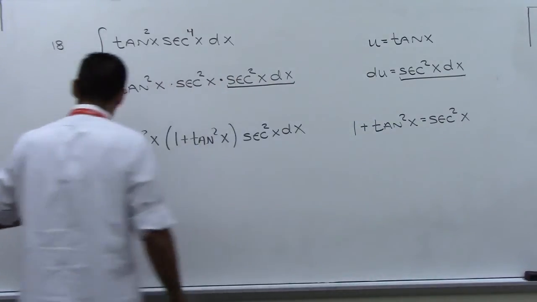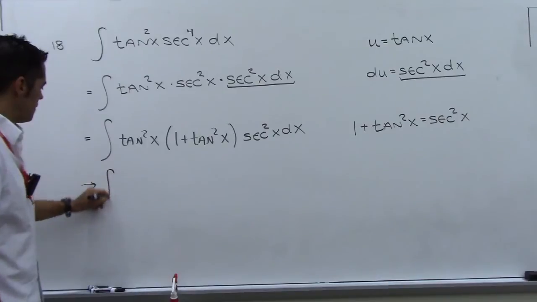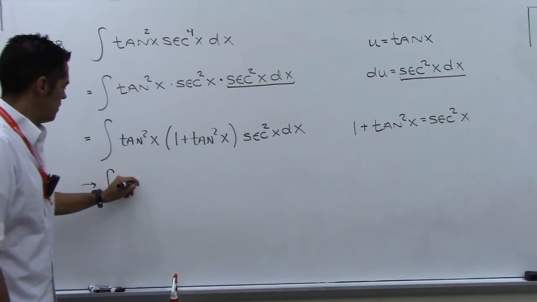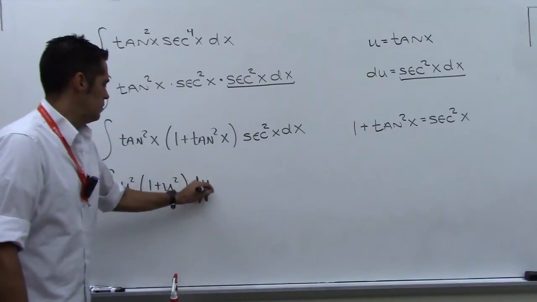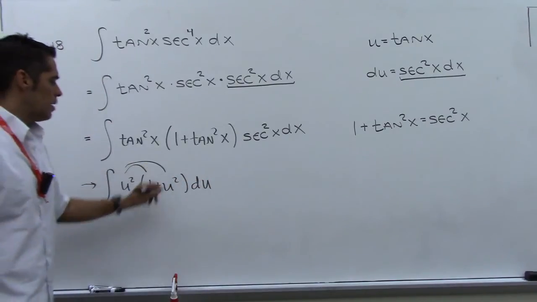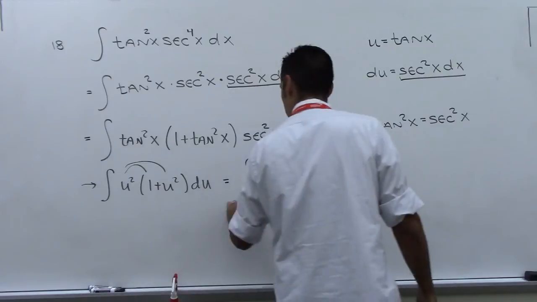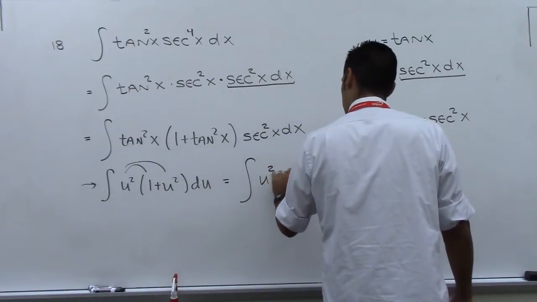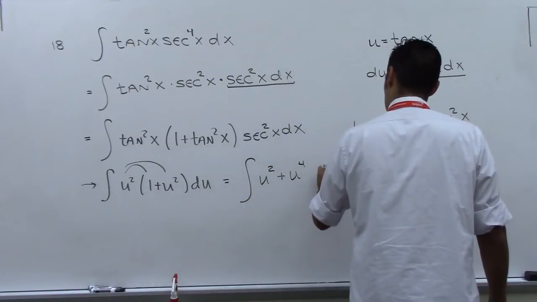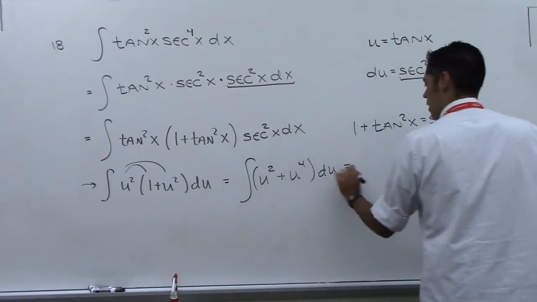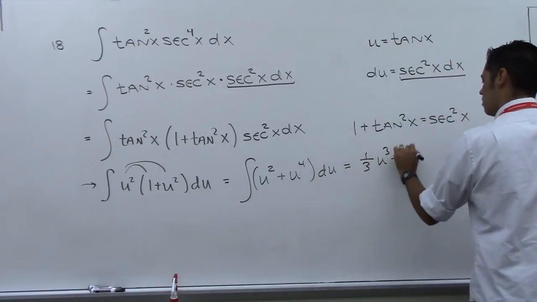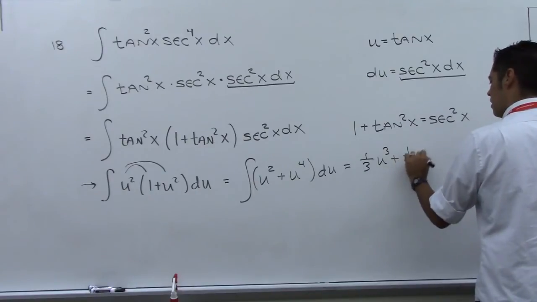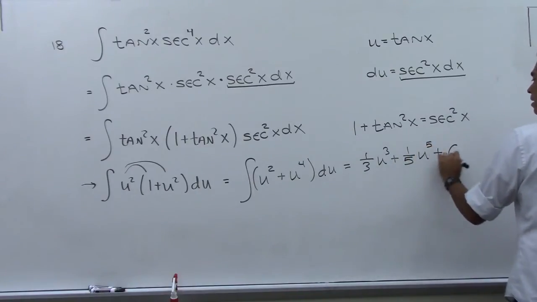So I can go directly to my substitution now. u squared, 1 plus u squared du. Then distribute my u squared through. u squared plus u to the fourth du. And then power rule. 1/3 u cubed plus 1/5 u to the fifth plus c.